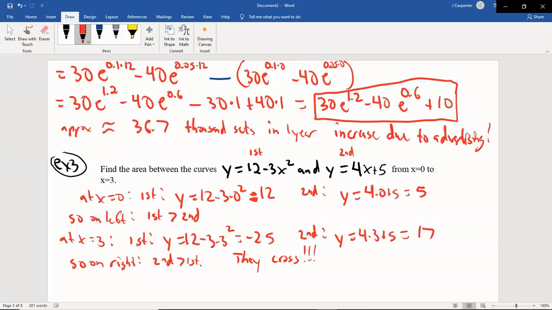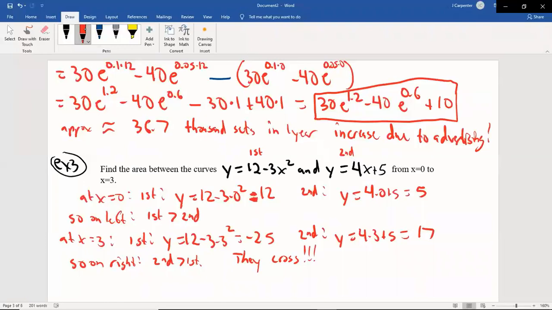Just because one function is higher on both ends does not mean they don't cross. If they cross twice, that means at one point the second one's higher, and then at one point the first is higher, and then it goes back to the second being higher, or vice versa. But this definitely says they cross.